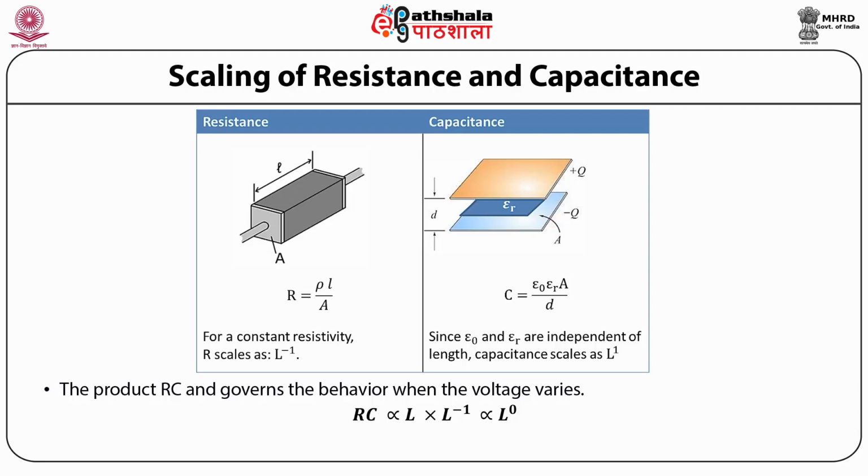RC is proportional to L multiplied by L to the power minus 1, which is proportional to L to the power 0. Hence, the time constant is independent of scaling.